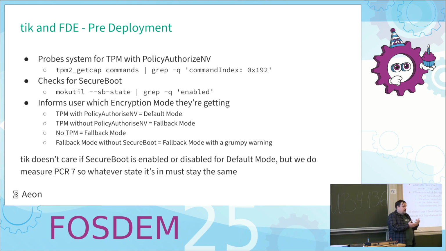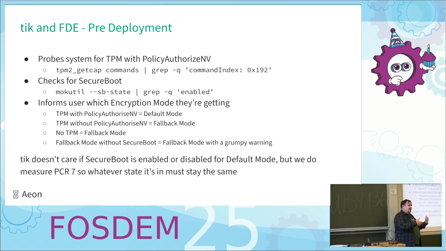So when you are deploying Aeon with Tik, or in fact any distribution with Tik, but Aeon is the only one using it right now, first we probe the system to figure out, does it have policy authorized NV, because that's what you need to do to get it working with PCR lock. Then it also checks for secure boot, and then figures out what the heck it is going to do with those two different full disk encryption modes.